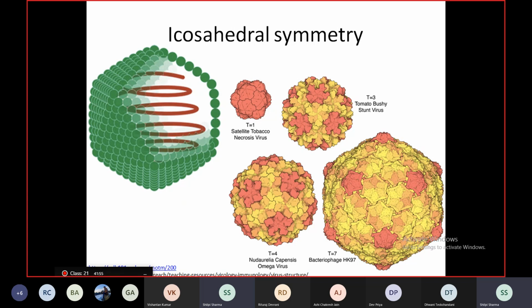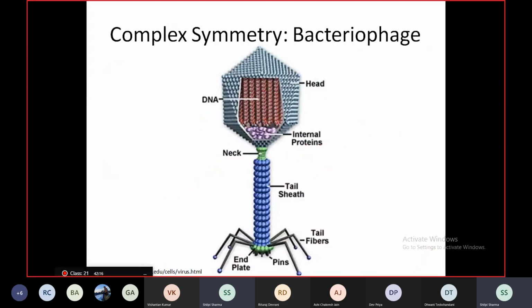They can form pentameric structures that assemble at the vertices, but they also assemble in a slightly different manner to form hexamers to cover the faces of the large icosahedrons. So these are the two symmetries, the helical and the icosahedral symmetry.